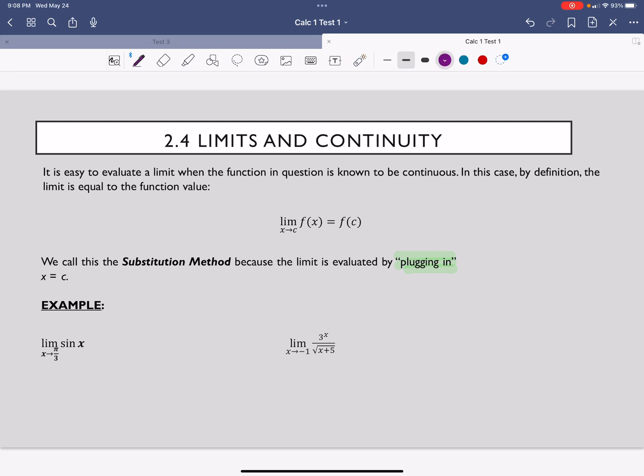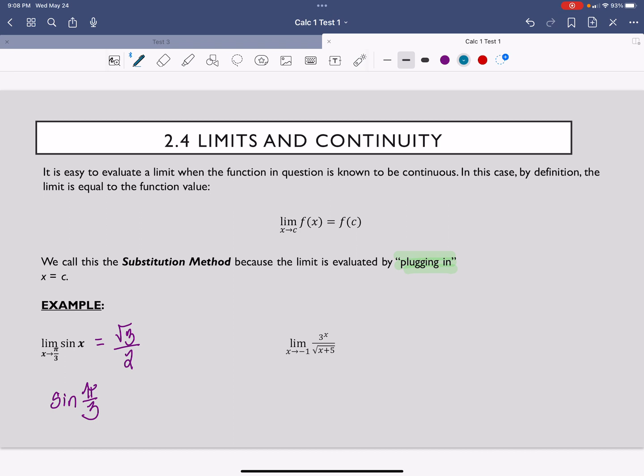So in order to find the limit as x approaches pi over 3, we're just going to plug in pi over 3. And when we plug in pi over 3, we get square root of 3 over 2. So all I did right there is I found the sine of pi over 3. And we are able to do that because the function is defined at pi over 3.